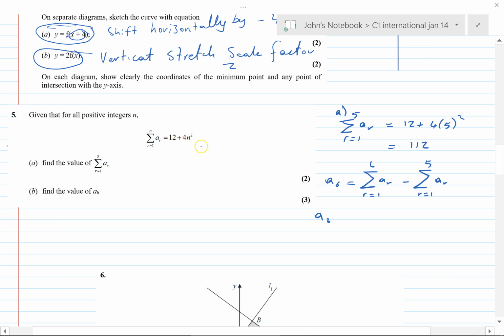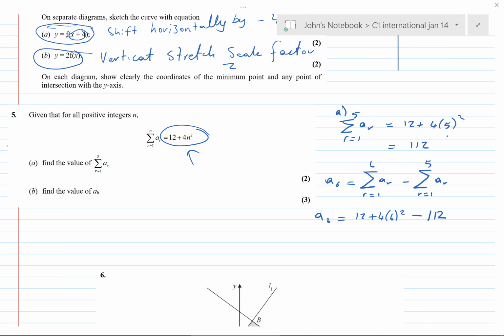So we can just put 6 into this formula. And we can put 5 into this formula, but that's already done in part A, so we don't really need to write that out again. Putting 5 in, we get 112.